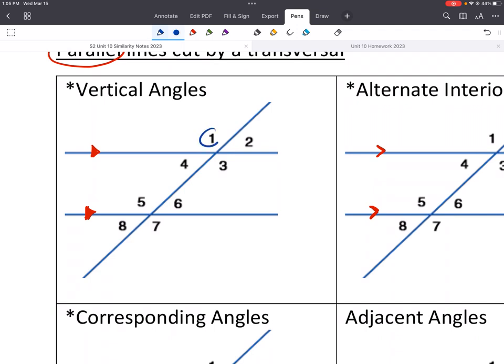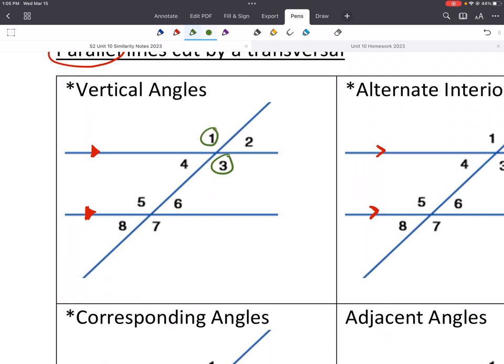So for example, 1 and 3, those are vertical angles. We could also have used 2 and 4, 3 and 7, or 6 and 8. But just to keep it simplified for your notes, I would only circle one pair. Okay, so those are vertical angles.